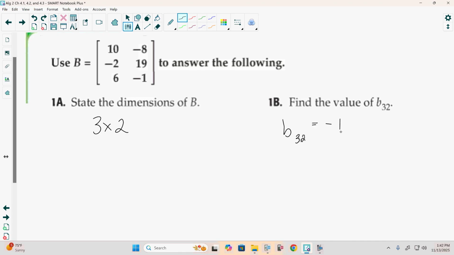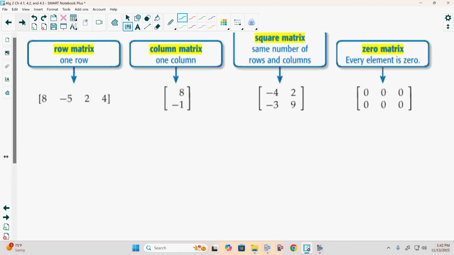Questions on stating the dimensions or finding an element? Now, there are special matrices that we've given special names to. The first one is a row matrix because it has exactly 1 row. A column matrix, we call it a column matrix because it has exactly 1 column. The next special type is a square matrix.